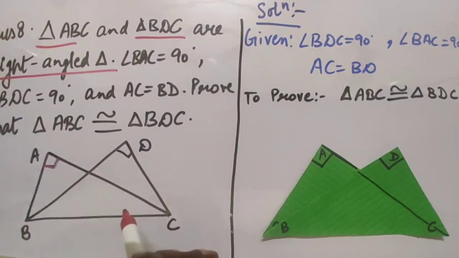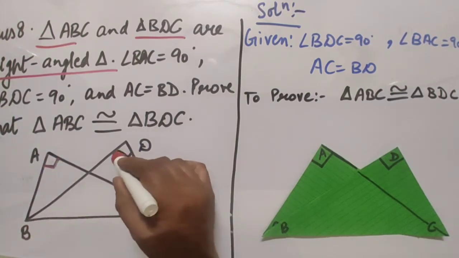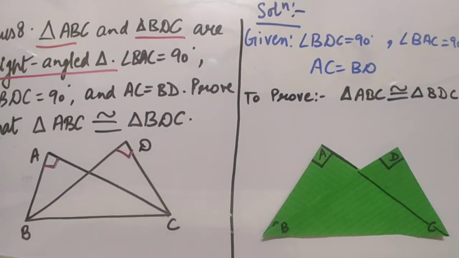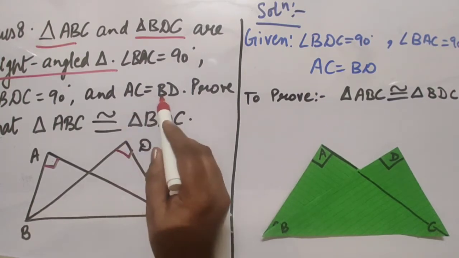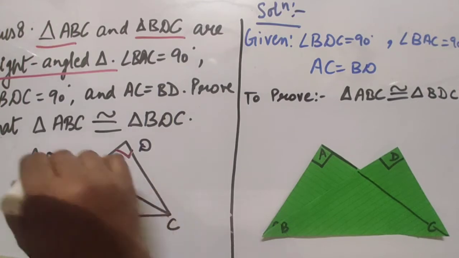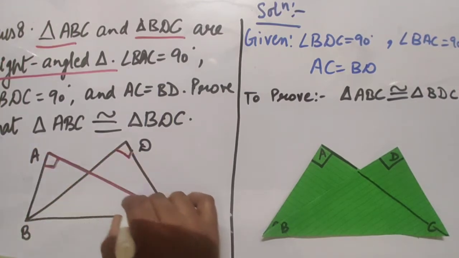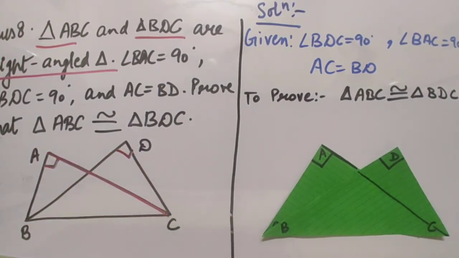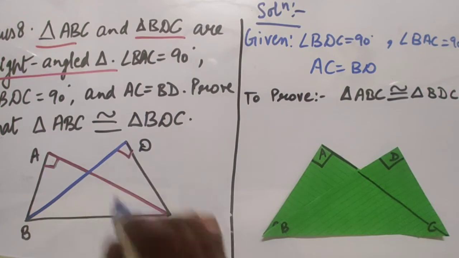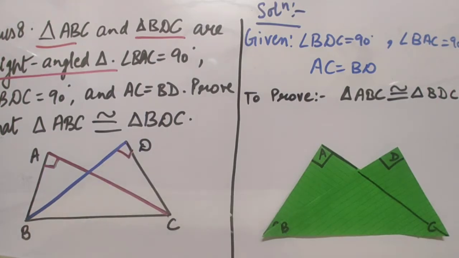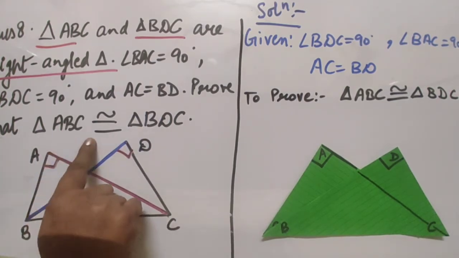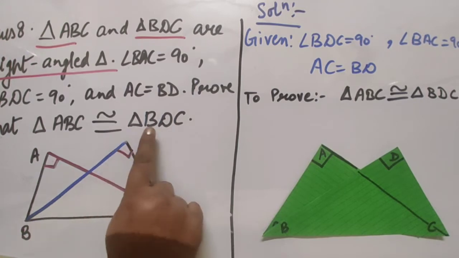Then angle BDC is also given as 90 degrees. And AC equals BD. That AC, this side, is equal to BD, that means this side. Right. So we have to prove triangle ABC is congruent to triangle BDC.